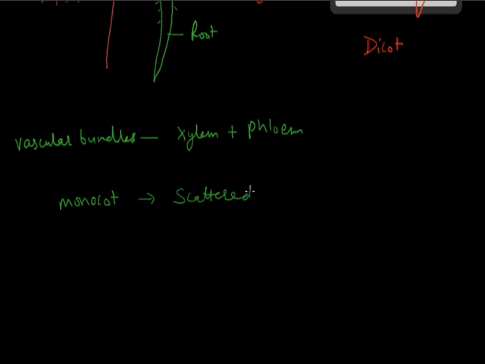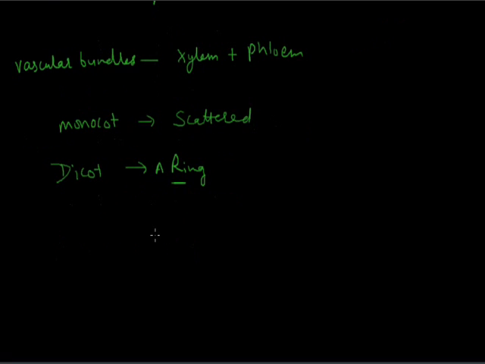It means they have no particular arrangement. In the case of dicot, they have a particular sequence in the arrangement of the vascular bundles. It means they are arranged in a ring. So in the case of dicot, the vascular bundles are arranged in a ring, and in the case of monocot, there is no particular sequence. We call them scattered.